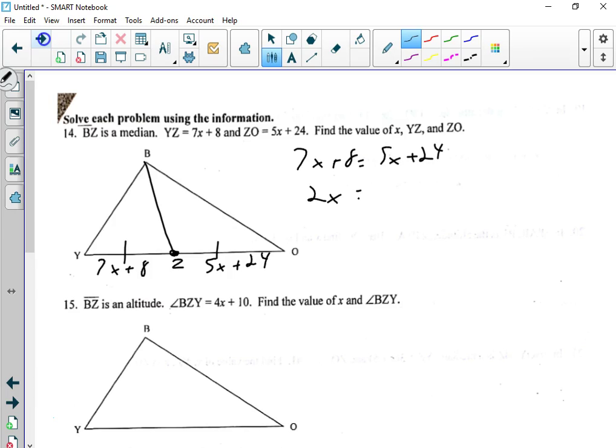So subtract 5x, subtract 8, divide by 2, x is 8. Now we plug 8 into either one, because we need to find both of them. 5 times 8 is 40. Therefore, 40 plus 24 is 64. So YZ and ZO are 64 each.